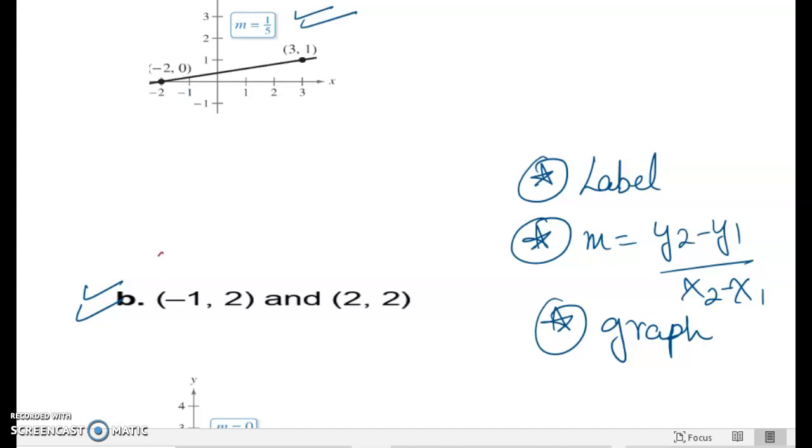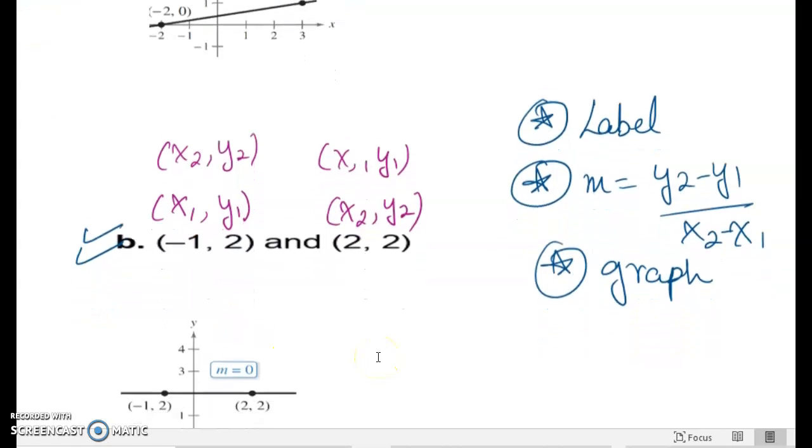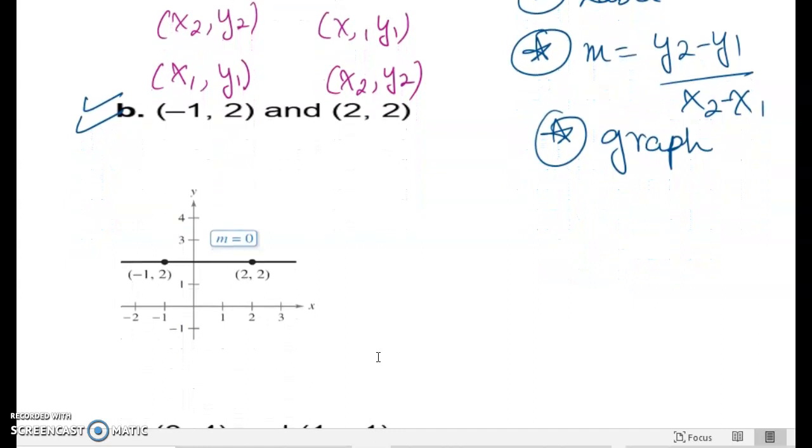First thing, label: x1, y1, x2, y2. Now here's the thing, you can interchange them. Can I say x2, y2 and x1, y1? Yes, you can. If I graph negative 1, 2 and 2, 2, how will the graph look? The graph is something like this. And as you can see, it is a horizontal line.